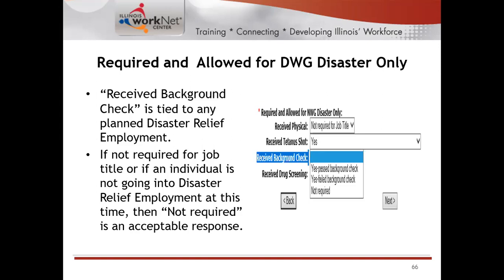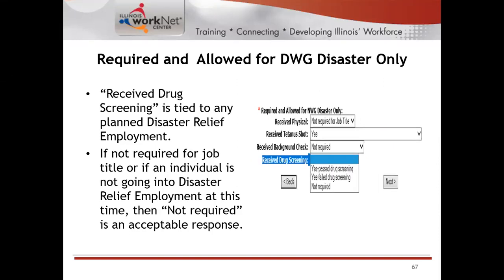So when it comes time for eligibility, you're going to notice the client's not eligible under the alternative criteria. And if they're traditionally under traditional dislocated worker, when they try to enroll in the disaster relief employment, they're going to get stopped. So it's important to make sure that that's updated appropriately based on the job he or she's going to go into.